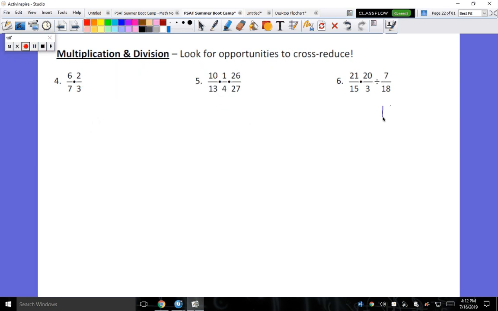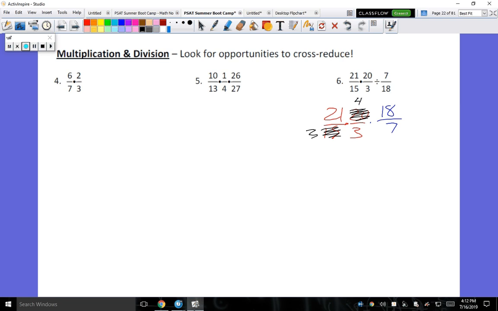So divided by 7/18 is multiplying by 18/7. What do y'all want to reduce? 15 and 20. Which go to what? 4 and 3. What else do you want to reduce? 21 and 3, or look at this.